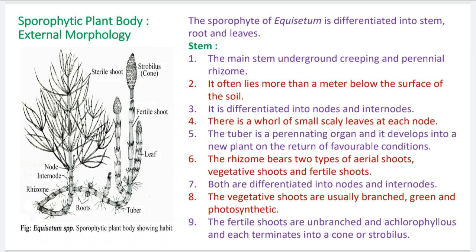Then two types of branches are there. One branch is profusely branched, and another has no sub branches. Means there is a difference between them. The profusely branched stem or shoot is called the sterile shoot, and the unbranched shoot is called the fertile shoot.